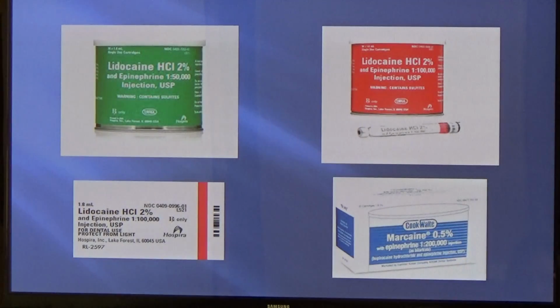Pay attention to the colors. This is the one that we have, 1 to 100,000, 2% lidocaine. That's the most common one that will be out there. But again, there's Marcaine. This one has 1 to 50,000. I use that to stop bleeding sometimes. I think we have very few of that.